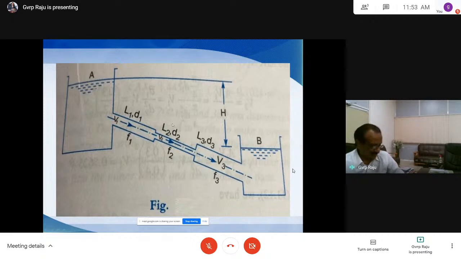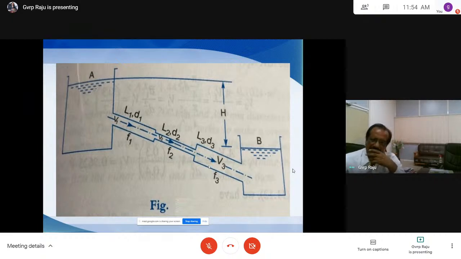The head loss due to friction for pipe 1, f L V square by 2gD, HF1 is F1 L1 V1 square by 2gD1, plus HF2, F2 L2 V2 square by 2gD2, and HF3, F3 L3 V3 square by 2gD3. The sum of head losses due to friction is equal to the head loss due to friction for the single pipe. So HF is equal to HF1 plus HF2 plus HF3.